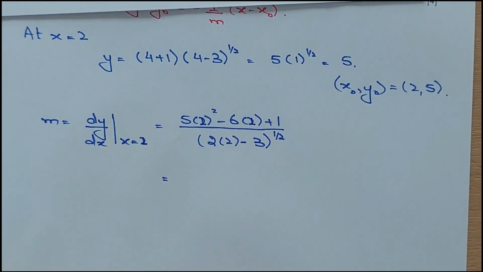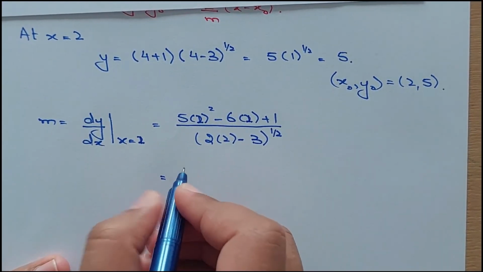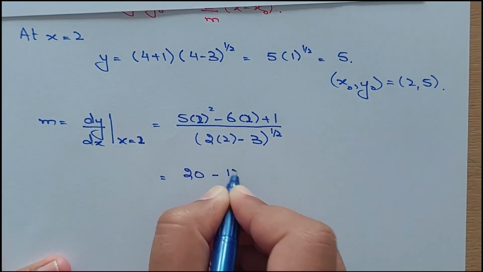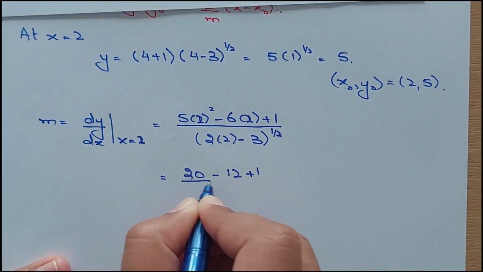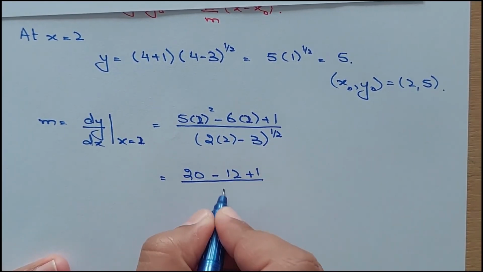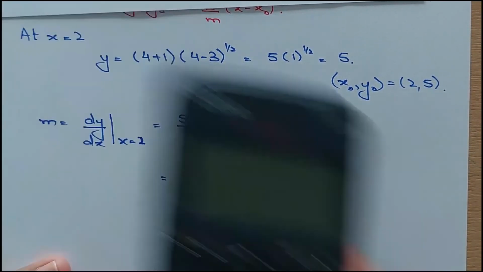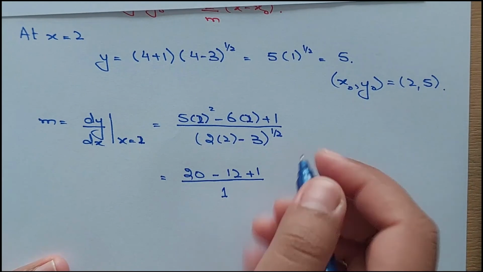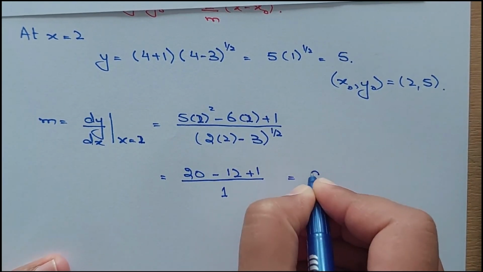So let me simplify this. 2 square is 4 and 4 times 5 is 20, minus 2 times 6 is 12, plus 1, divided by 2 times 2 is 4, and 4 minus 3 is 1, and 1 square root is just 1, right? So 21 subtract, 20 minus 12 plus 1, 9. So this answer is 9. So the slope is 9.